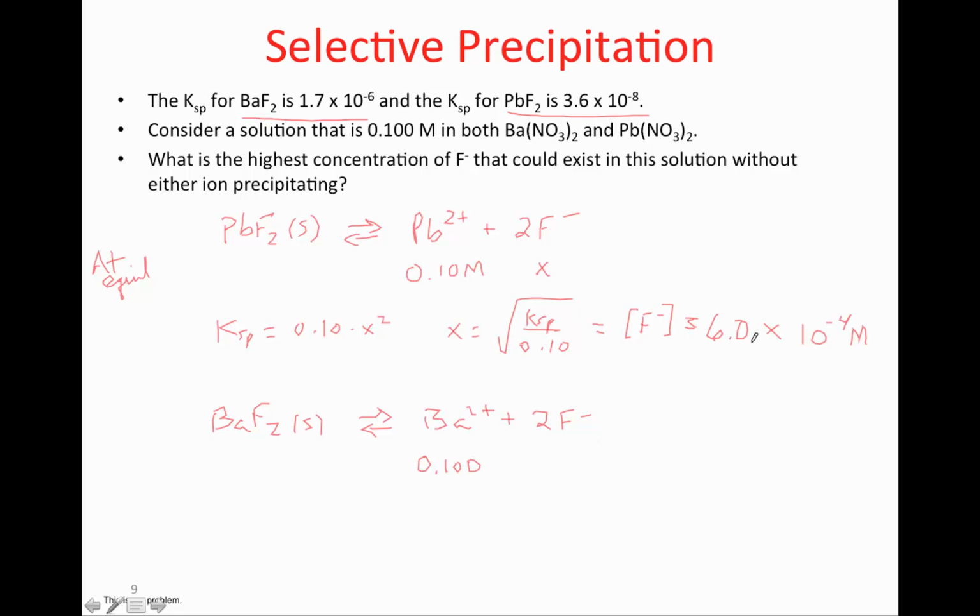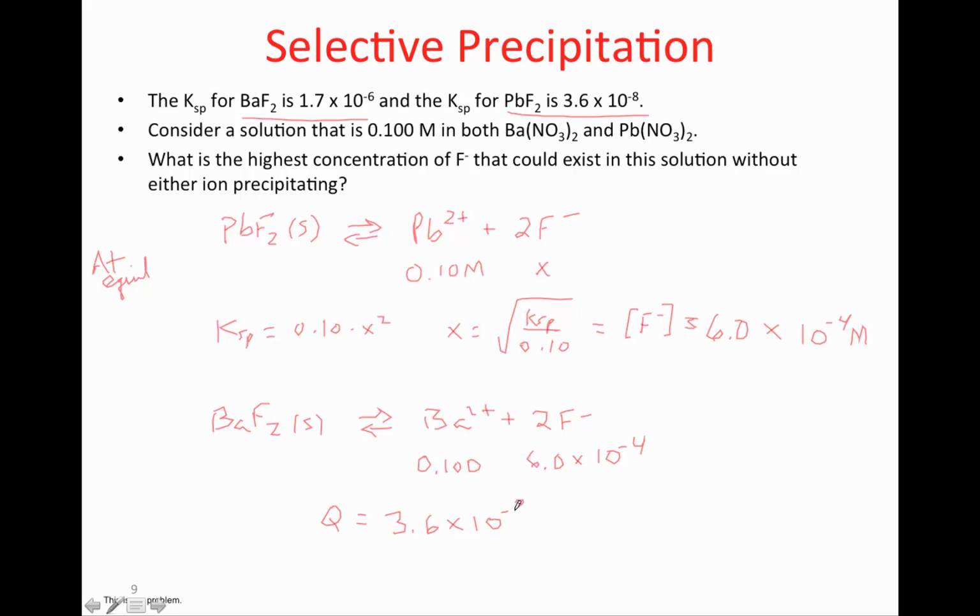Now let's take this fluoride ion concentration, 6 times 10 to the minus 4. We don't know whether we're at equilibrium or not, so let's calculate a Q value here. I'm going to take this value times this value squared, so I square this times 0.1, and I get 3.6 times 10 to the minus 8.